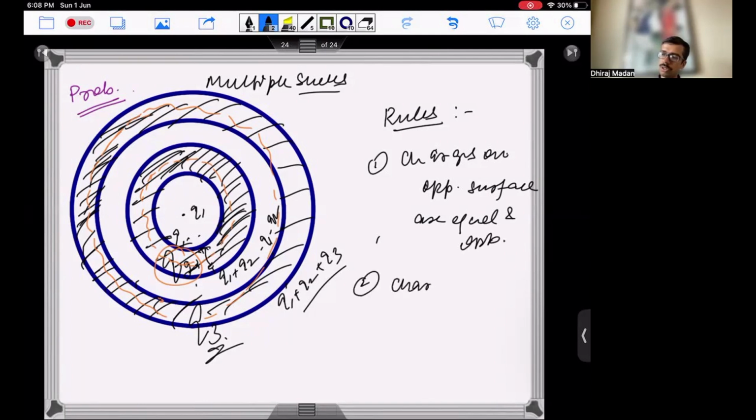And secondly, the charge on the innermost surface is negative of the charge in the cavity.